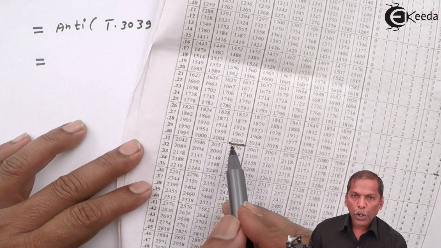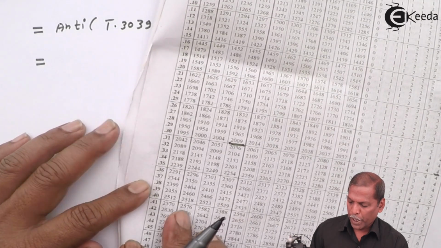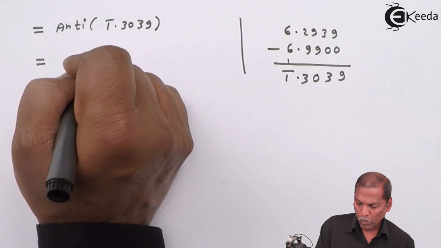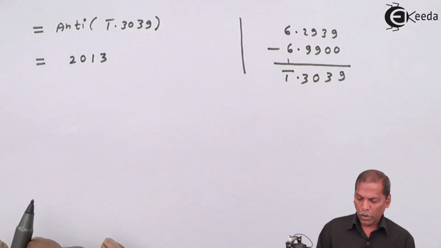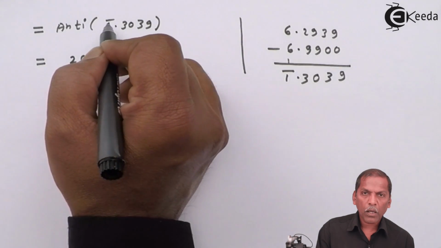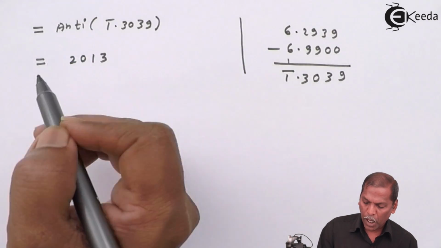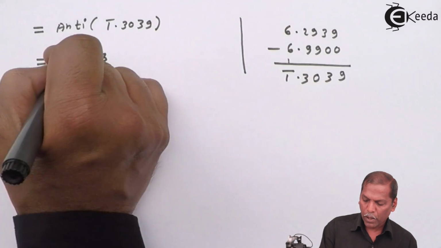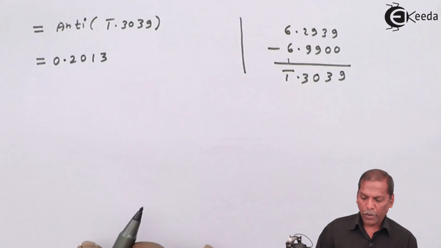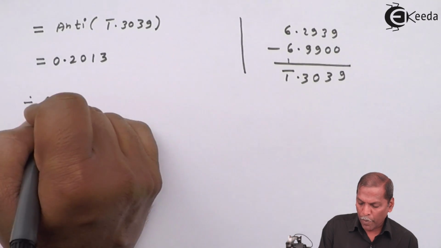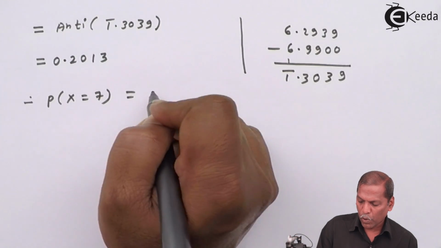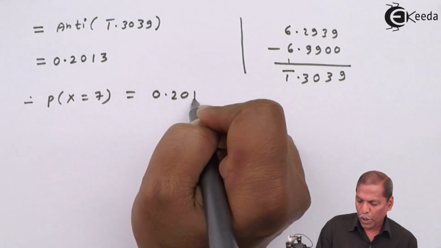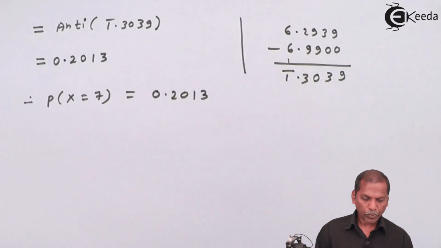So 2009 plus 4, we get 2013. Now here we have to put the decimal, but before the decimal we have bar 1, so it means our answer is 0.2013, and therefore the probability that X is equal to 7 is equal to 0.2013.